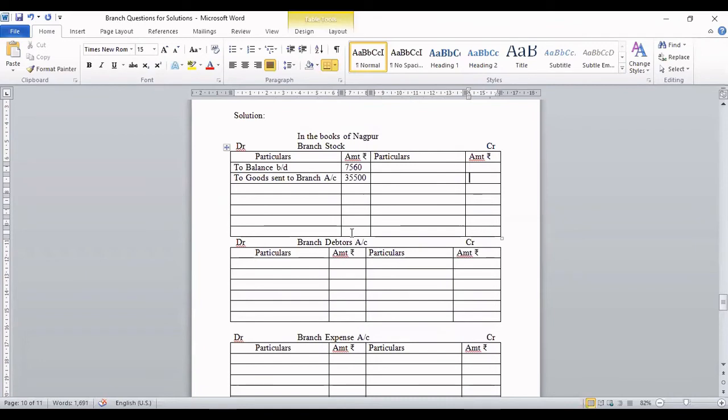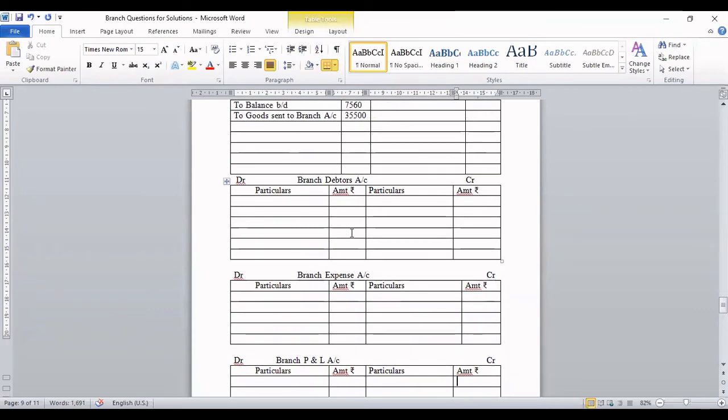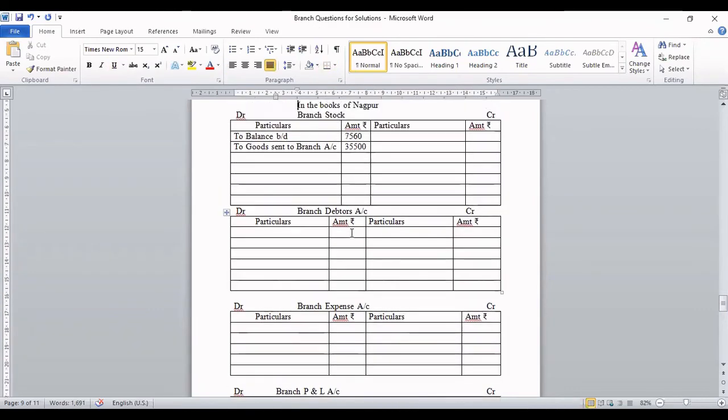The next one, goods returned by customers. So for that, what will be the entry? Again, your branch stock will be receiver, na beta? Branch stock will increase, debit. Yes, exactly. So branch stock, we have to debit to branch debtors. Amount, tell me amount. 300.